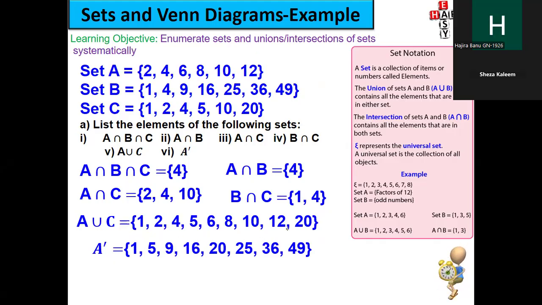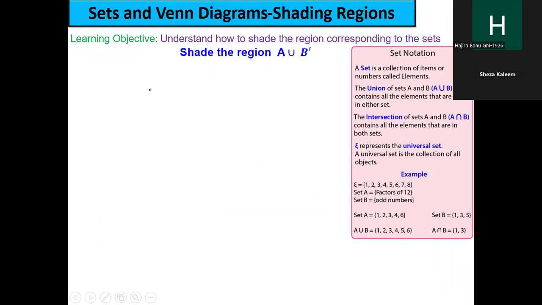Elements which are present in A will be left out, and all the elements present in B and C will be written together. Understood? But again, I'm saying it's not going to be this easy.